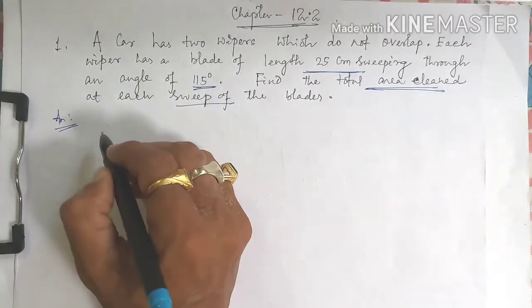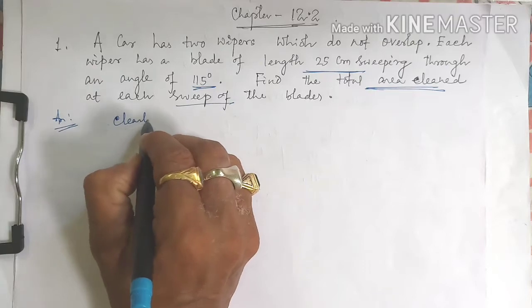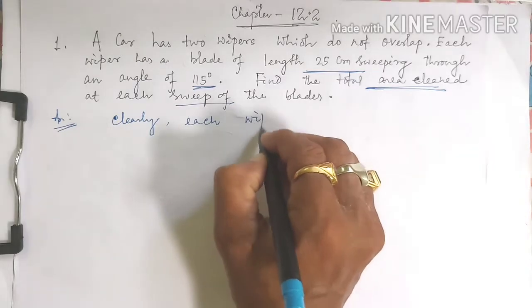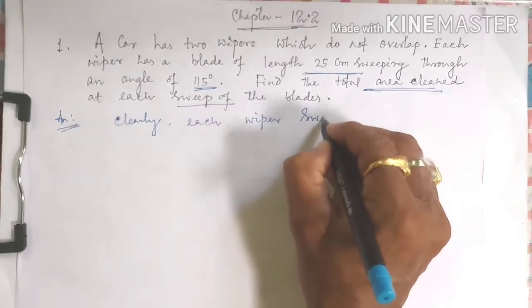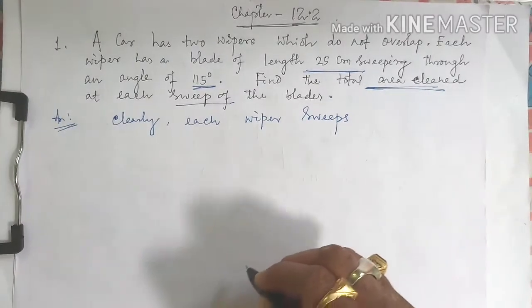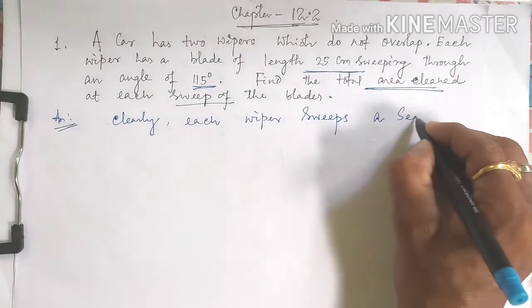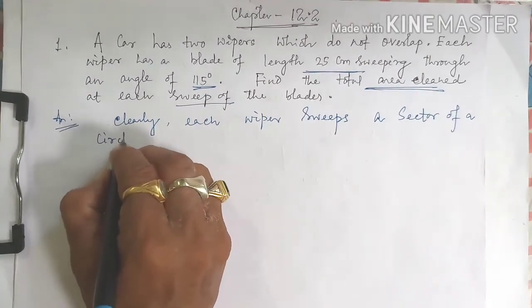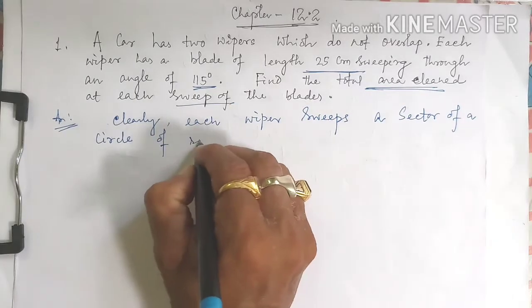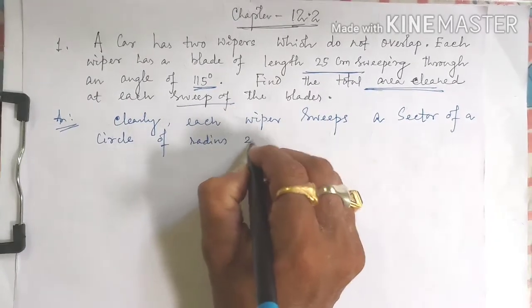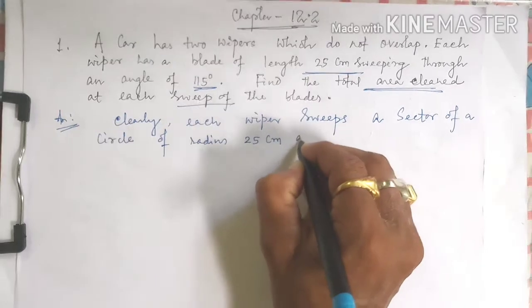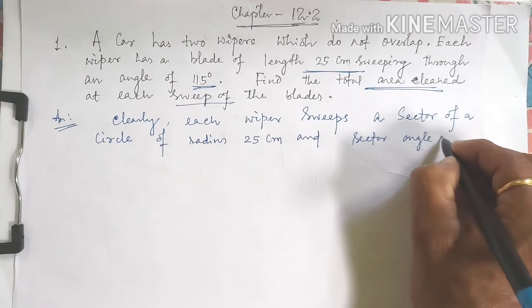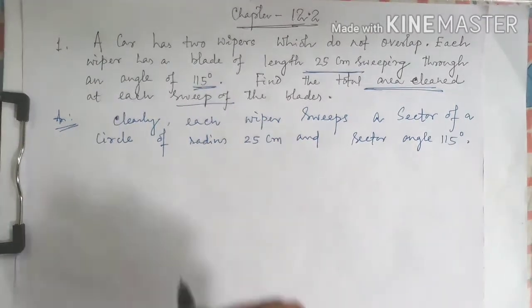So clearly what is given: each wiper sweeps a sector of a circle of radius 25 centimeter and sector angle 115 degree. Simple.